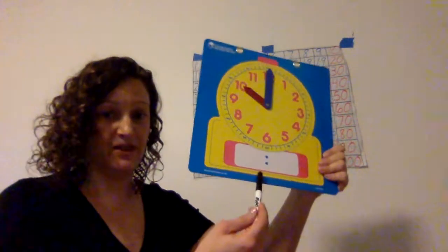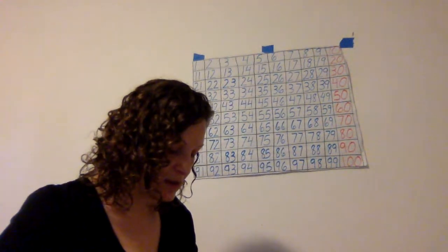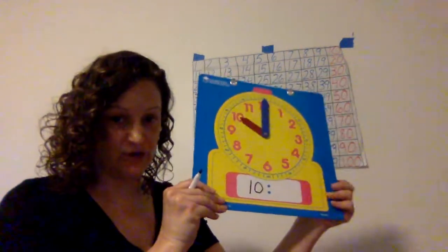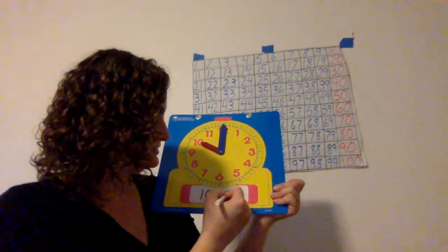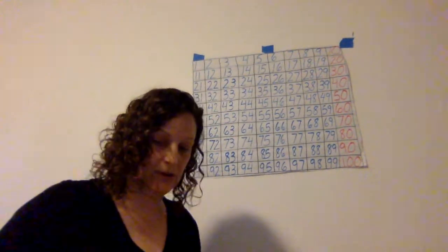And I can write that on the bottom here in the digital clock. So I'm going to put the number 10 first, and then I'm going to put the numbers 0, 0 for o'clock, 10 o'clock. I'm going to do a few more examples with you.